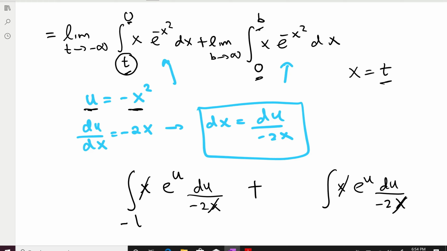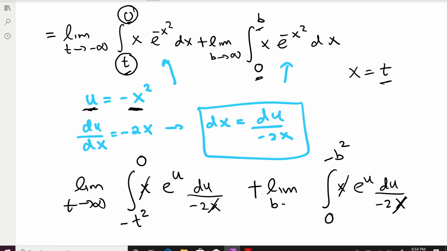When x is equal to 0, what's u? Well, 0 square is 0, so u is 0. When x is equal to b, what's u? It's negative b square. Then the limit when t goes to infinity, and the limit when b goes to infinity. So don't forget to change the limits.